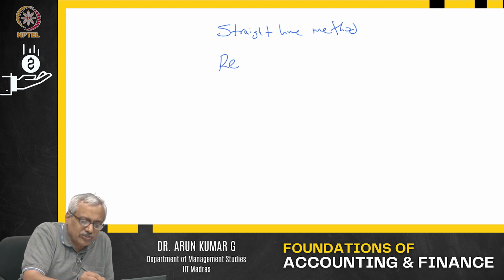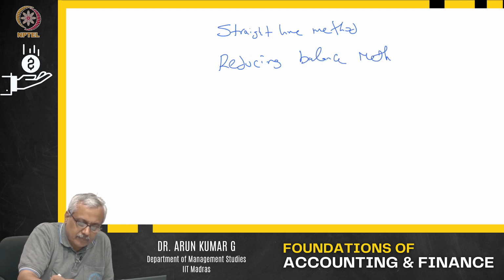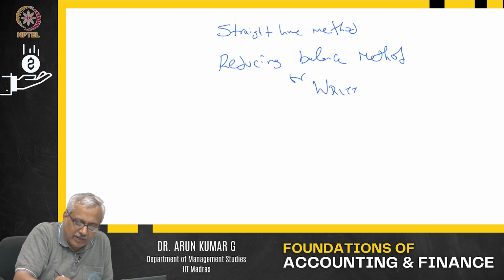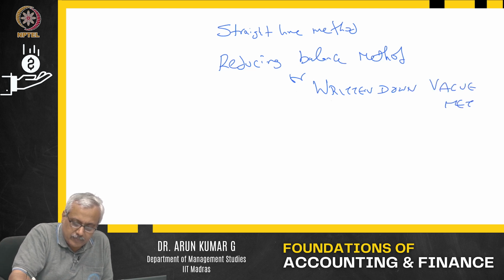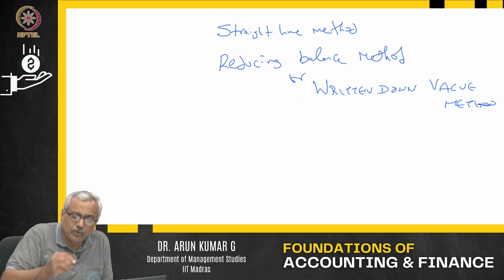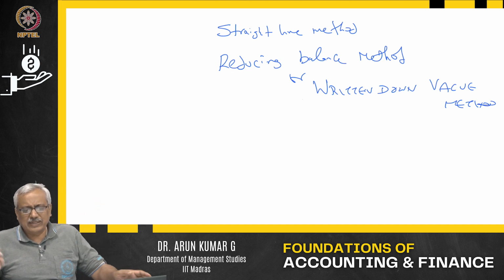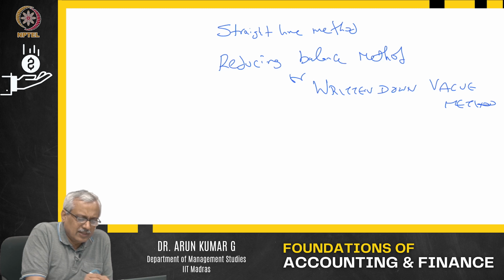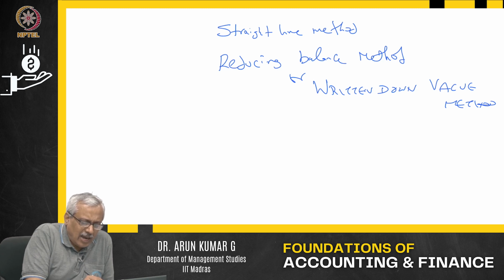Another is the reducing balance method, or what they call the written down value method. What are these two? I will take a simple example and explain. Supposing I buy a machine for about 10 lakhs.